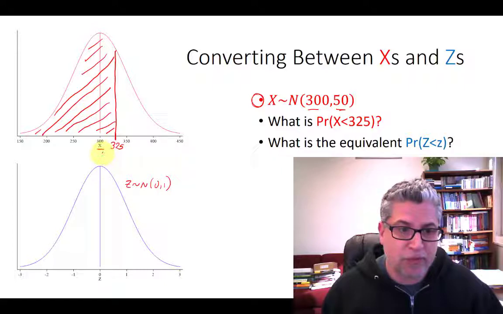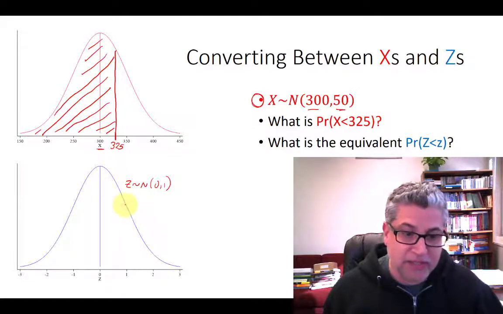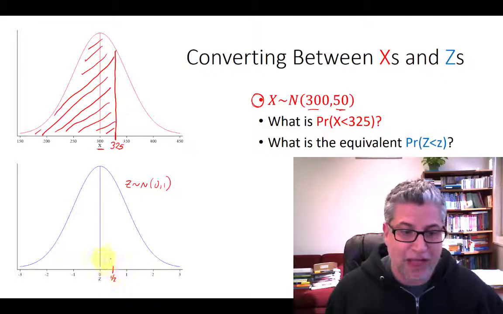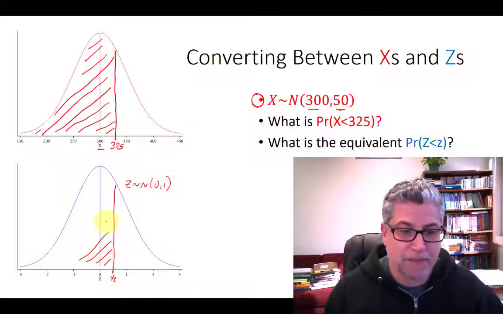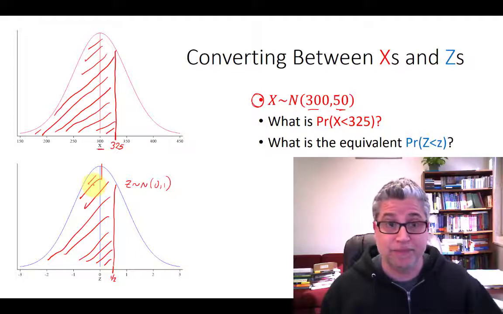So when we go from 300 to 325, we're actually going up by a half of a standard deviation. In terms of a z variable, that would mean that we're going up to a z of a half. And then this probability is actually what we're interested in.